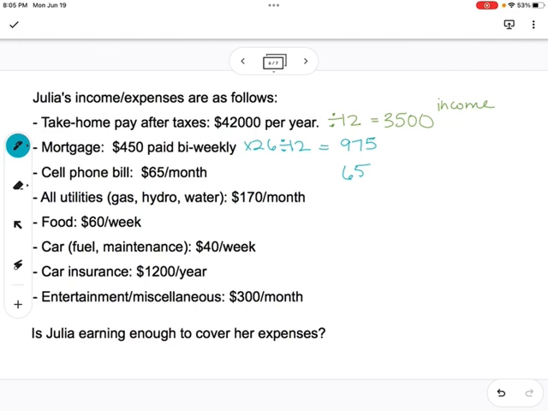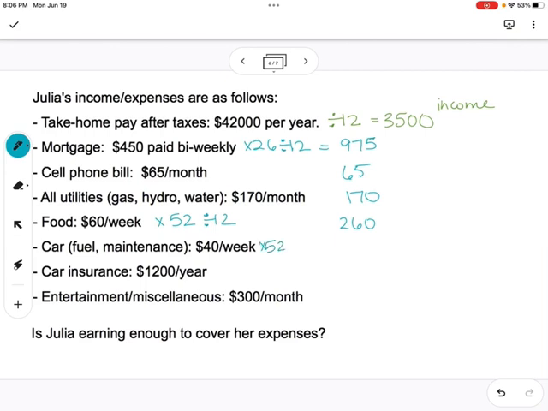Our utilities are $170 per month. Again, that's already monthly. We can leave that value. Food is $60 per week, so we're going to multiply that by the number of weeks, which is 52, then divide by 12. Get $260. Car is $40 per week. Again, same calculation here.